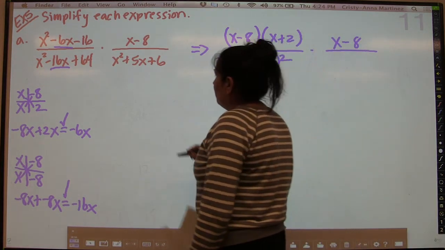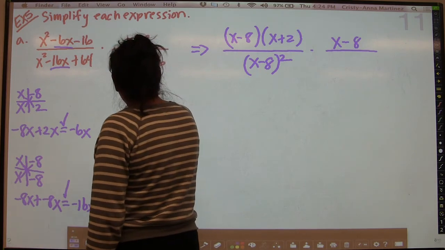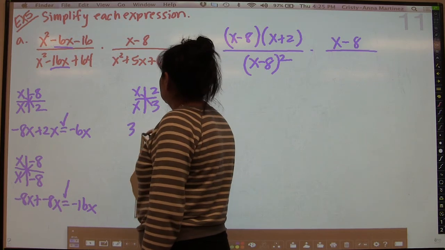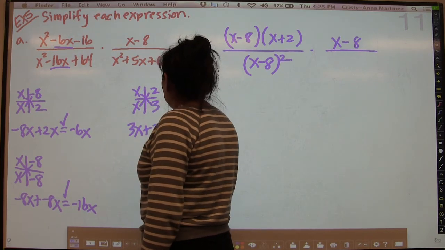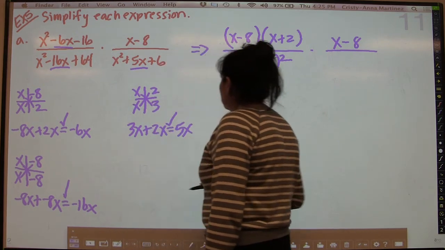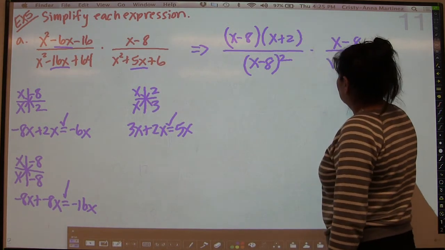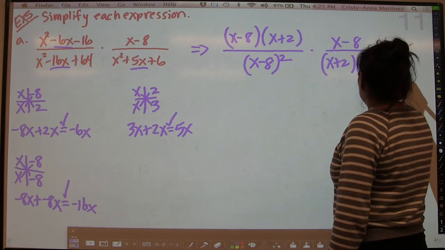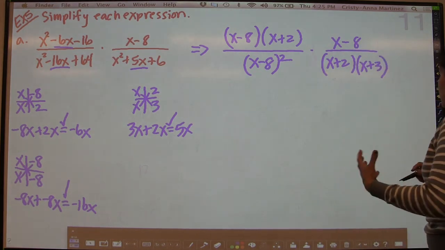On the bottom, we're going to factor again one last time. X, we're going to do 2 and 3 this time to get 6. 3x plus 2x will give us the 5x that we need. And so on the bottom of this fraction, we'll have x plus 2 and x plus 3. So you can see already how important it is for you to be able to factor.